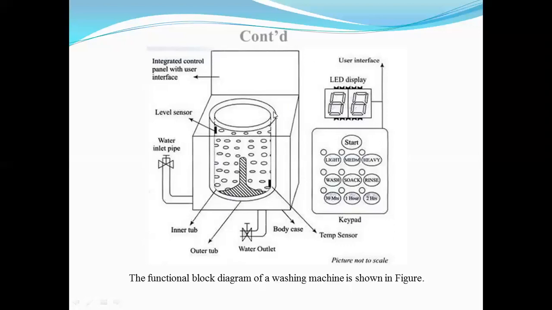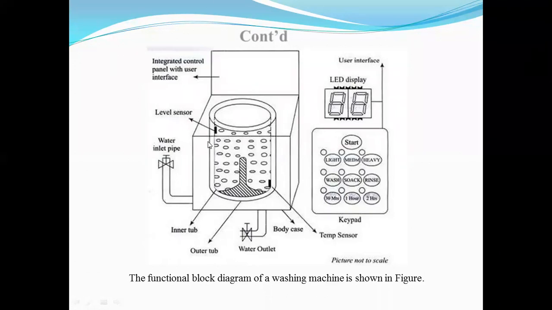Suppose you are washing delicate clothes, there will be hot water washing. At that time this sensor will sense the temperature. According to that, the temperature will be set either cold or hot. This sensor will help in setting whatever temperature setting the user has set, right?